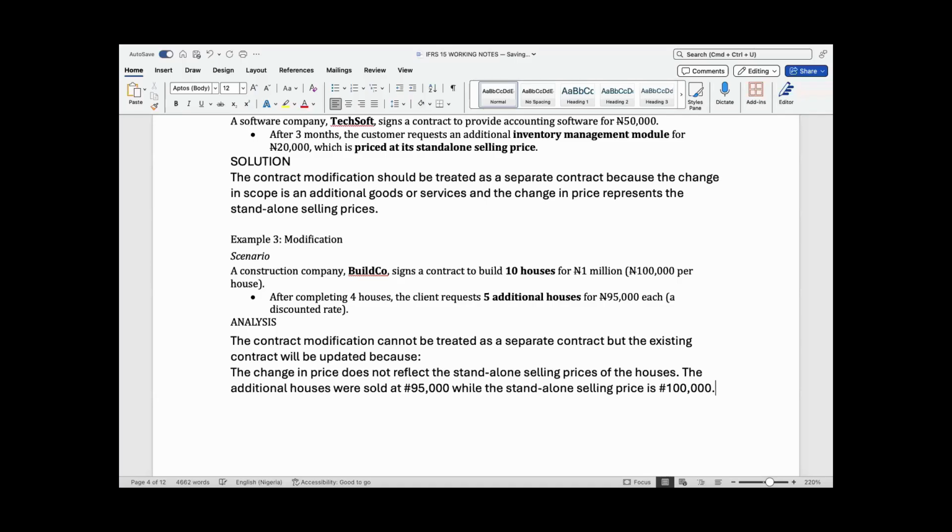Is 100,000. So for this reason, that contract modification will be seen as an adjustment to the existing contract. We will need to adjust the existing contract. You cannot see that contract modification as a separate contract.